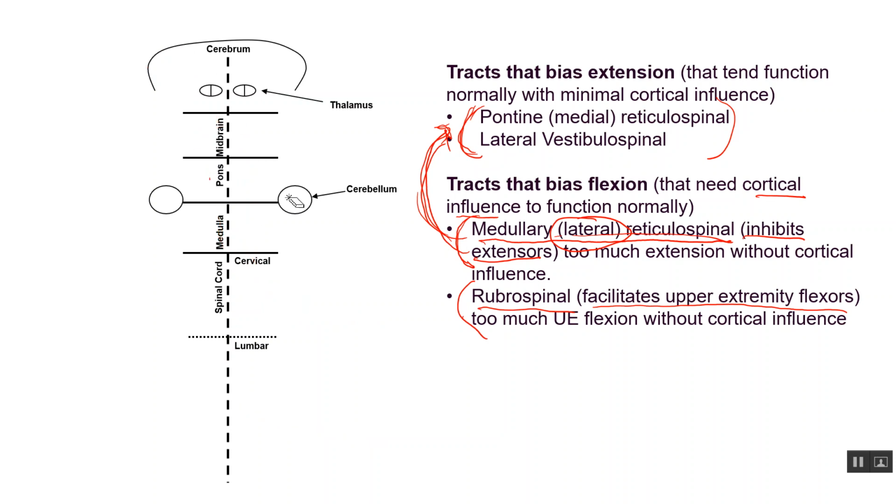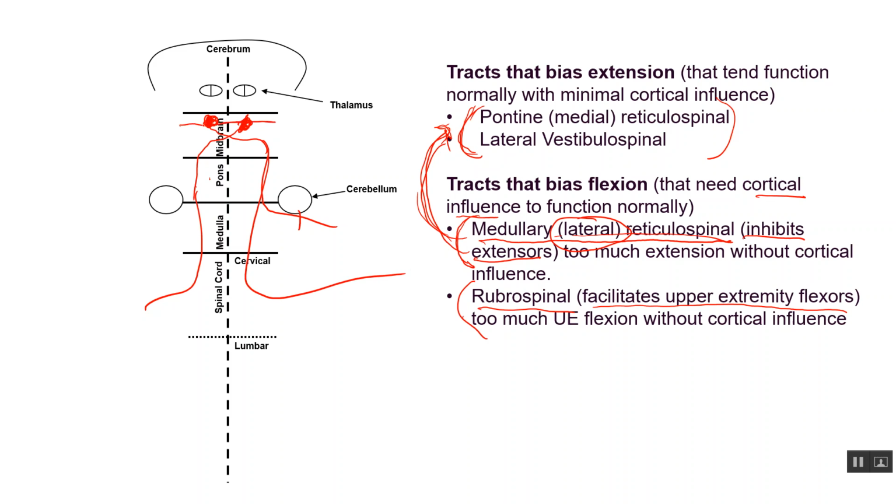That's decorticate. Now decerebrate, what happens is, remember you've got your rubrospinal tracts, red nucleus right here. If you damage the brainstem, anywhere in the brainstem, these are way up high in the midbrain. These pathways go down and go to the upper body to help create flexion.